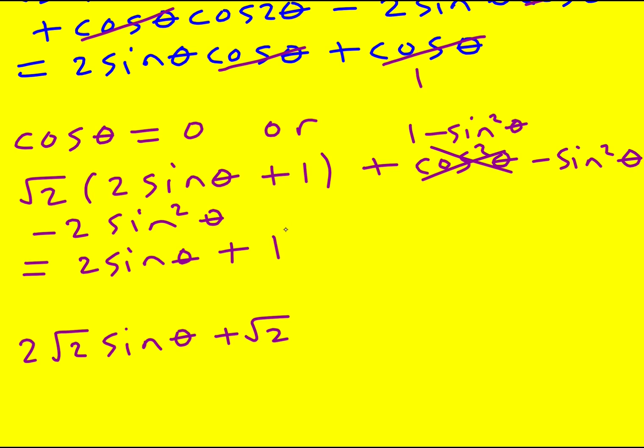So we can basically cancel this plus 1 with this plus 1 here. So it's going to become minus 4 sine squared theta, because I've got my minus 2 sine squared theta and I've got another minus 2 sine squared theta, and that is going to equal to sine theta.